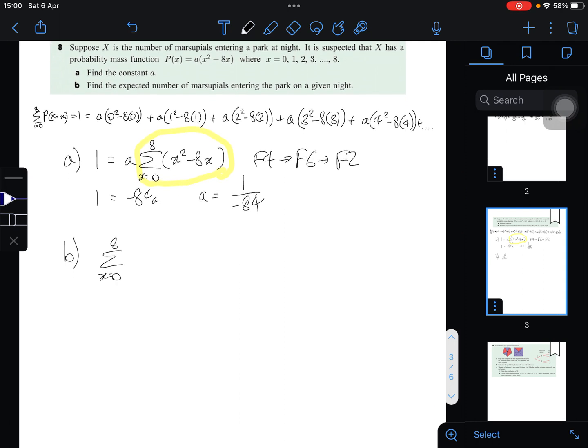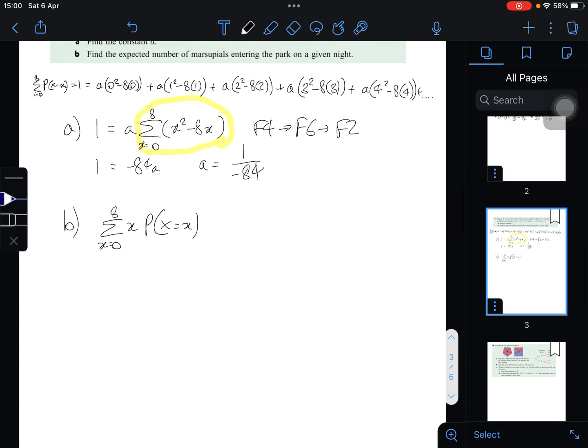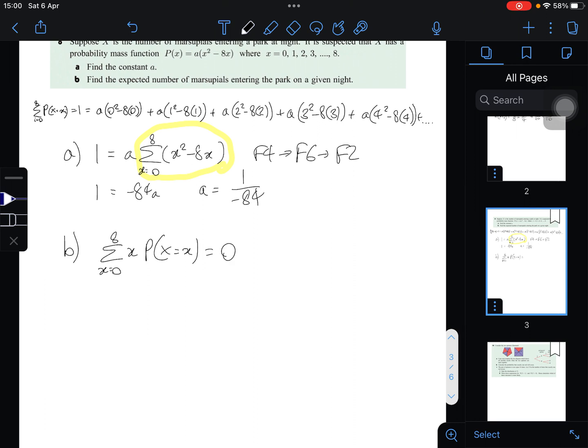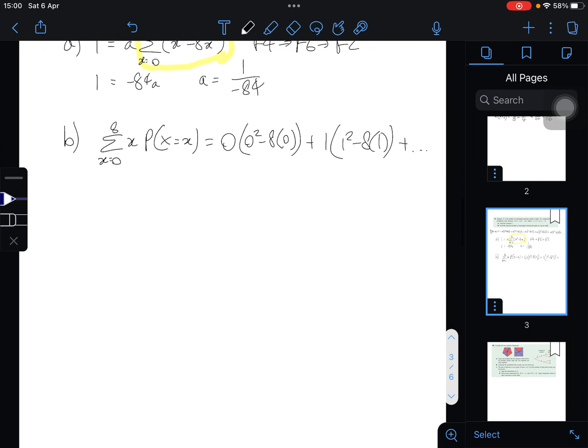From x equals 0 to 8, it's just the sum of x times p of x. So that's basically 0 lots of 0 squared minus 8 times 0 plus 1 lot of 1 squared minus 8 times 1 plus 2 lots of 2 squared minus 8 times 2.